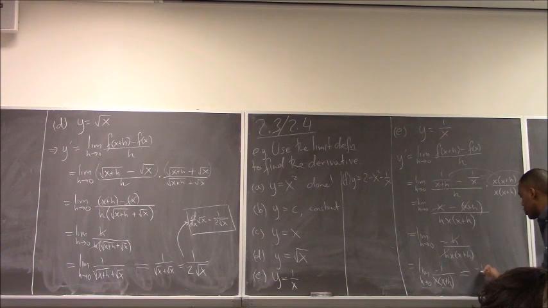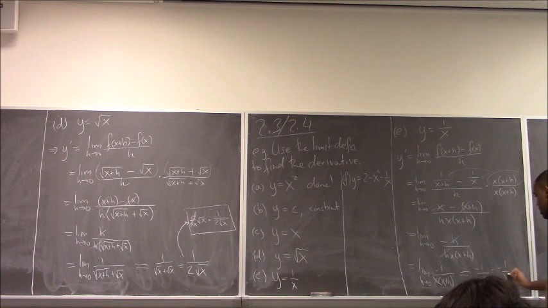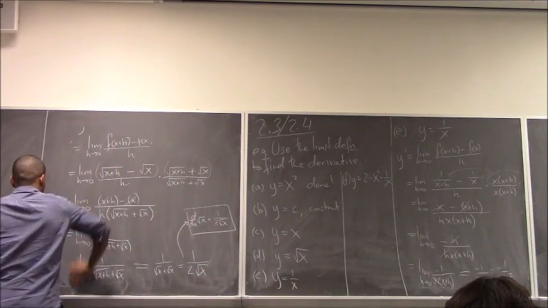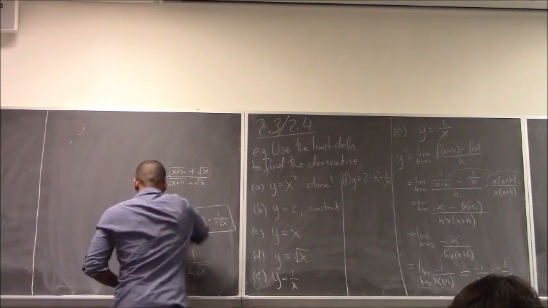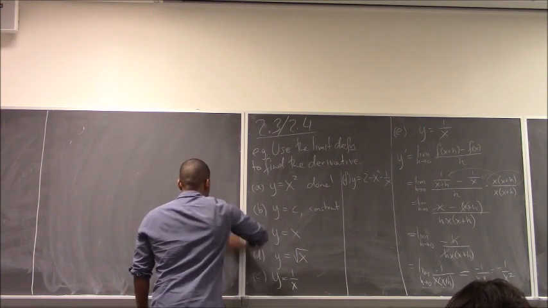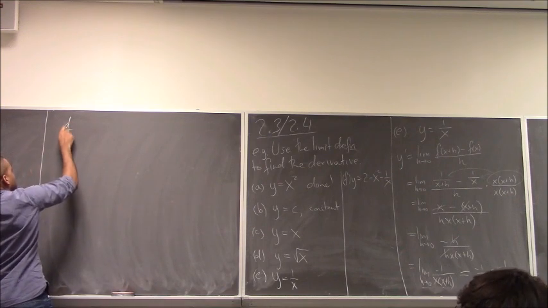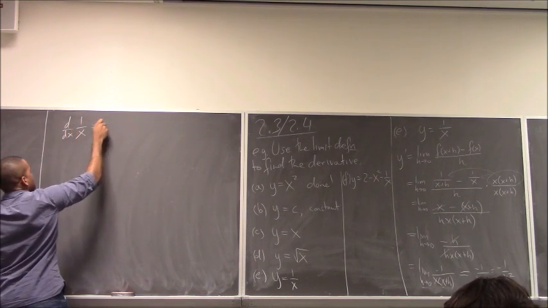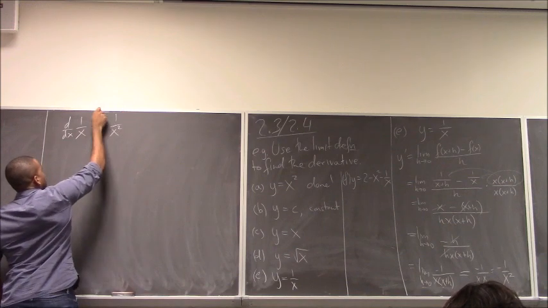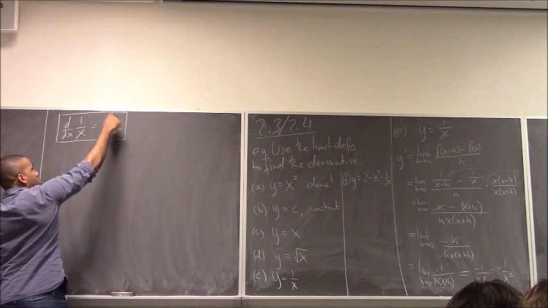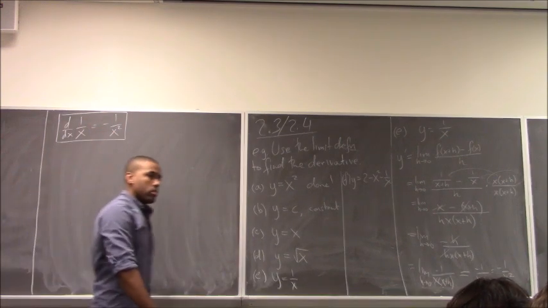So this gives us minus 1 over x times x, or minus 1 over x squared. In other words, the derivative of something like 1 over x is minus 1 over x squared. So if this is your function, that is the function that will give you its slope at any point.